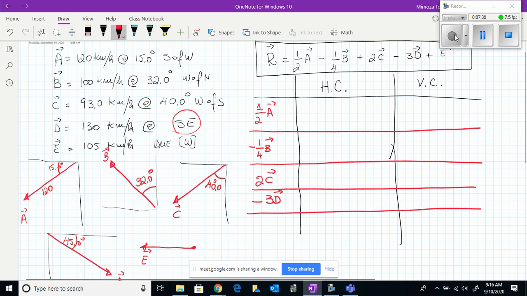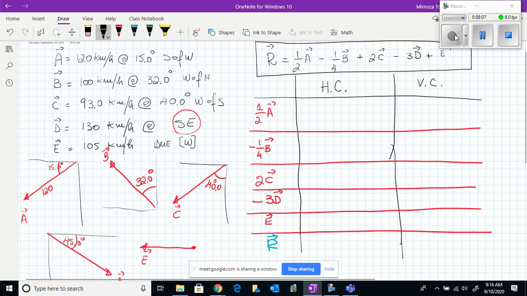And then the last one is just E. When we are done with all those, at the very last row, we write the resultant. Okay, so now we'll keep working on the horizontal component and the vertical component of each of those vectors.